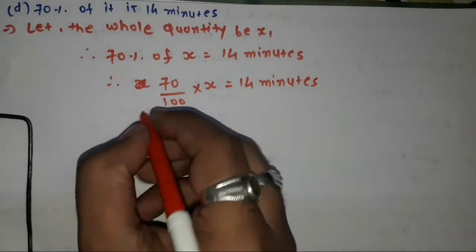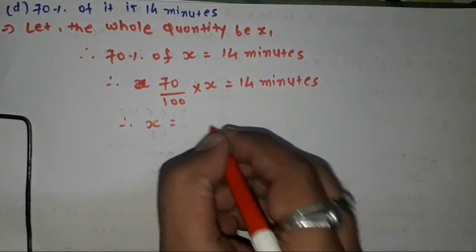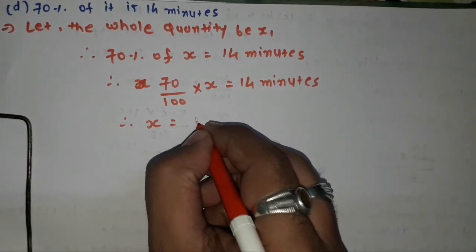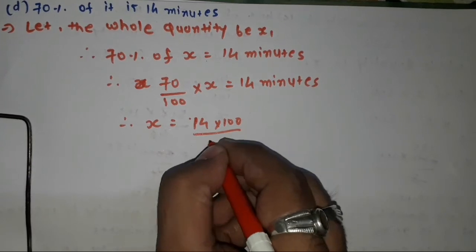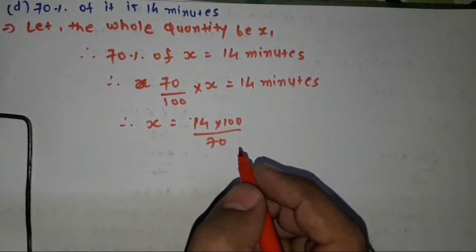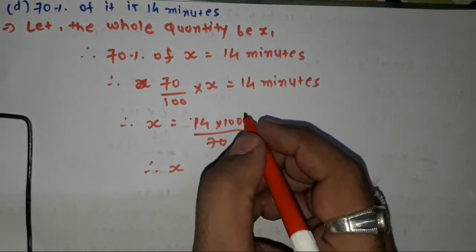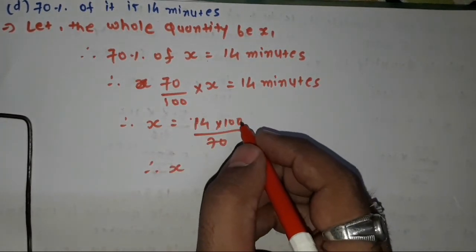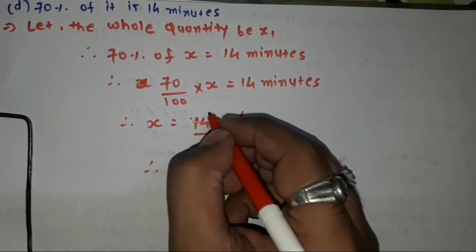Now I have to find the value of x. So for that, x is equal to 14 multiplied by 100 upon 70. We all know that when I change the side of these two numbers, the position will be changed. So this 0 will be cancelled. 7 2s are 14.